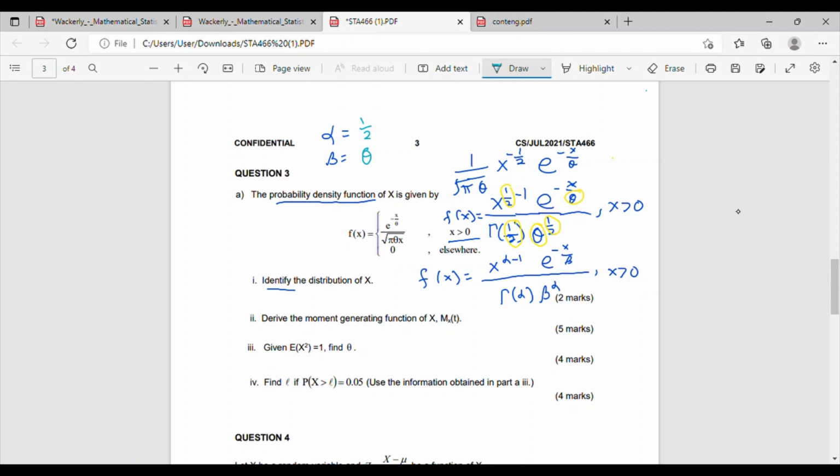So we can identify that x actually adalah gamma distribution with parameter alpha is 1/2 and beta is theta.